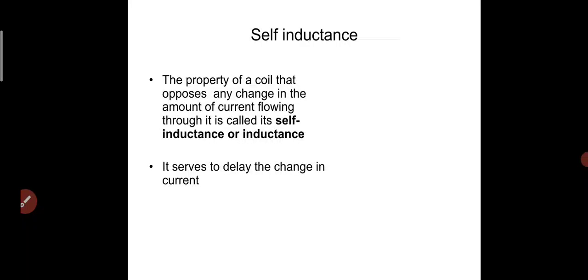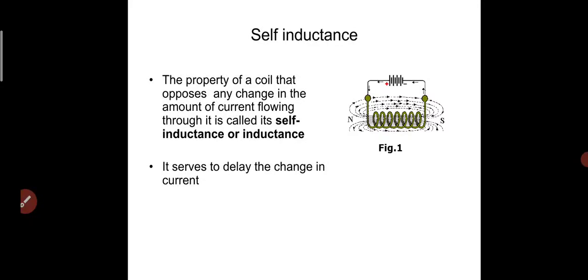Or the property of a coil that opposes any change in the amount of current flowing through it is called self-inductance or inductance. It is denoted by letter L and is measured in Henry.